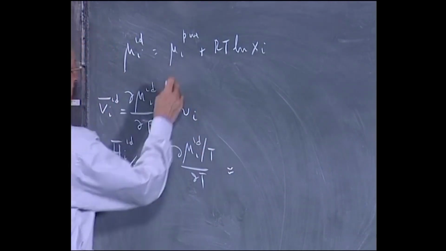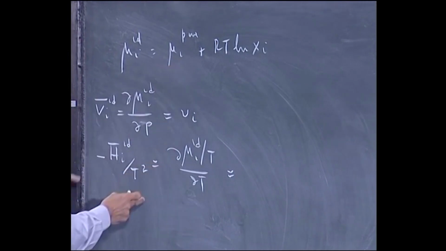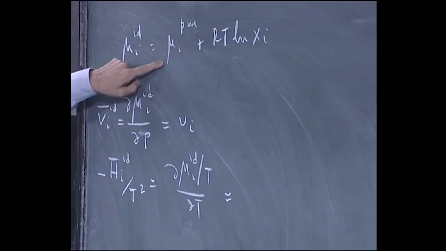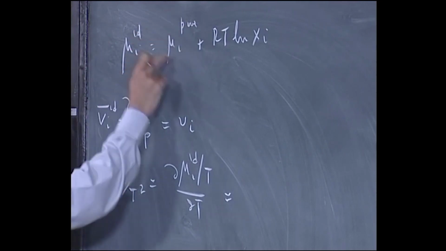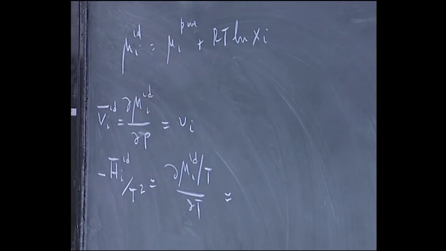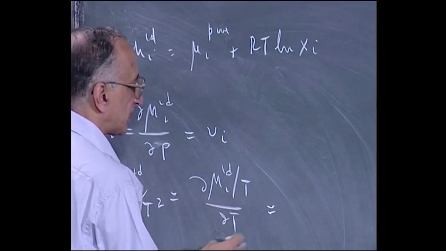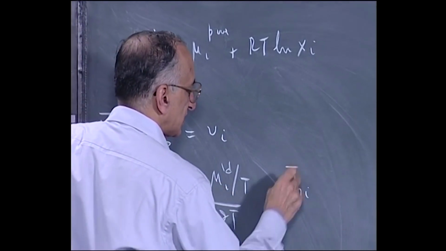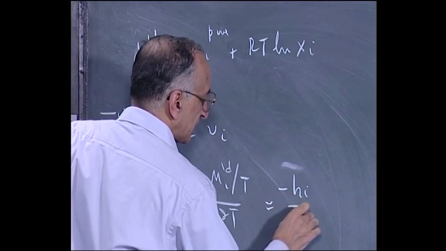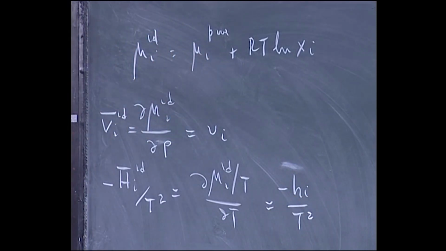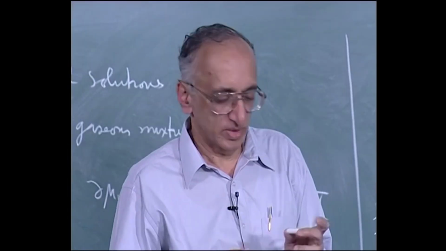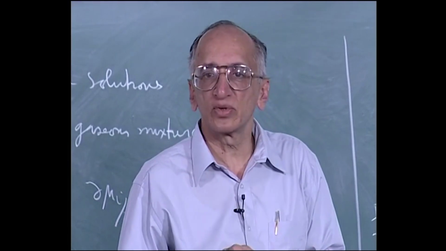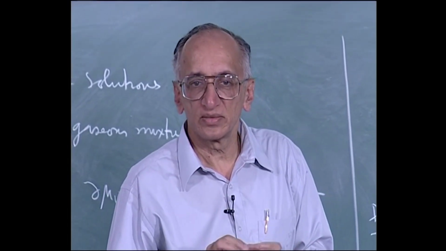If I do the right hand side, on the right hand side, if I divide by T and differentiate with respect to T at constant pressure and composition, I simply get the derivative of μi pure by T with respect to T, which is minus Hi by T squared. So you get Hi bar is equal to Hi, Vi bar is equal to Vi, which is the definition of ideal mixing. Ideal mixing says mixing without change in volume and without change in energy, enthalpy.